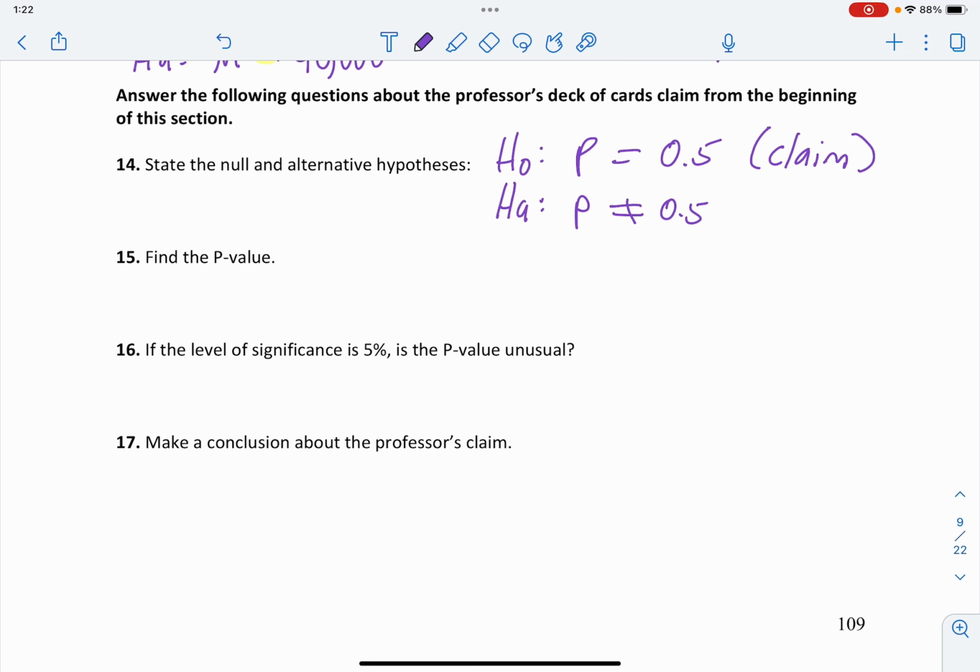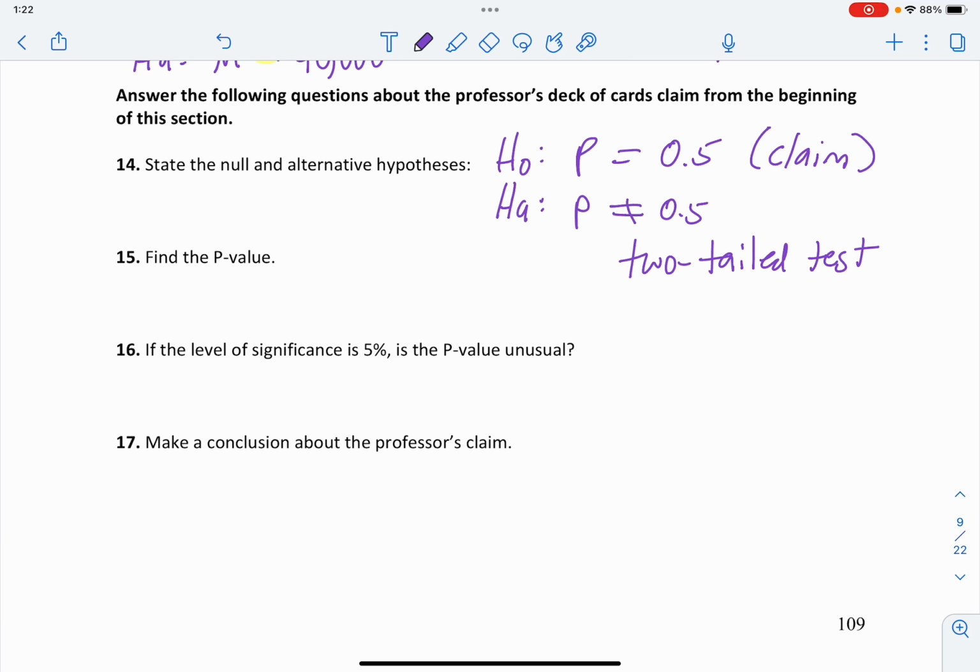Another thing you can say here now that we know, this is a two-tailed test. Find the p-value. Right?